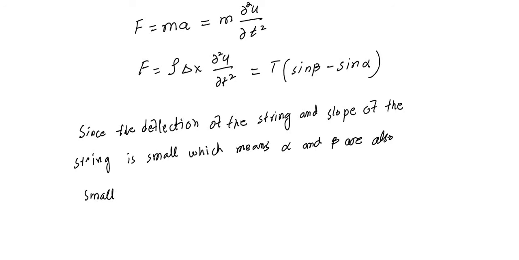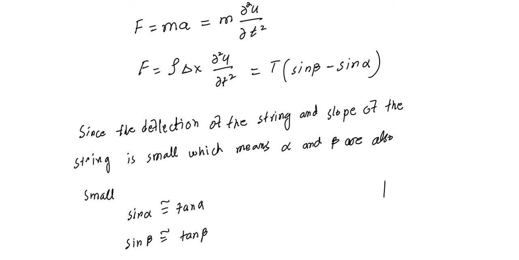So mathematically you can write sine alpha is approximately equal to tan alpha, and sine beta is approximately equal to tan beta. How this happens, let me help you visualize.